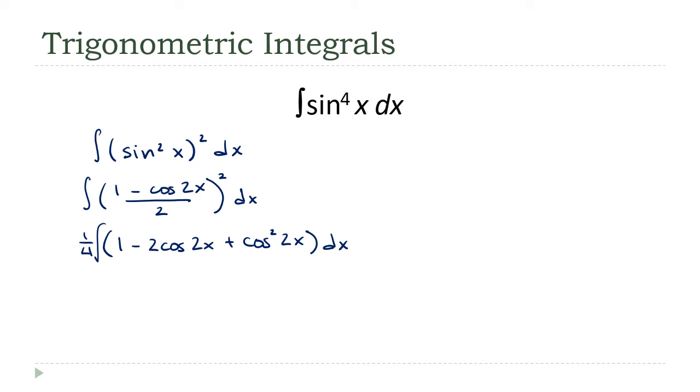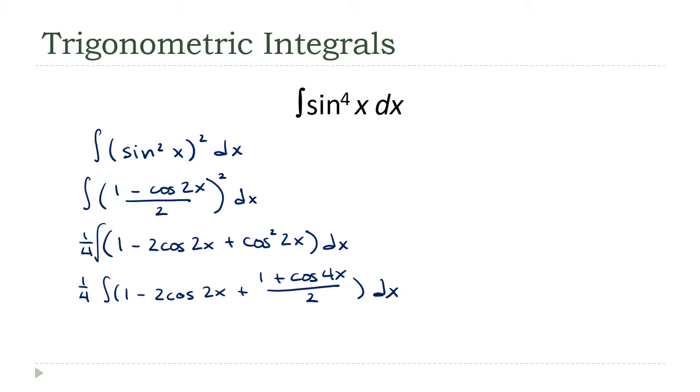The 1 I can do, and the 2 cosine 2x I can do, but that cosine squared 2x is a problem. So I'm going to use almost the same trig formula, the one for cosine squared, and this will become 1/4 the integral 1 minus 2 cosine 2x plus cosine squared 2x, which is 1 plus cosine 4x over 2 dx.